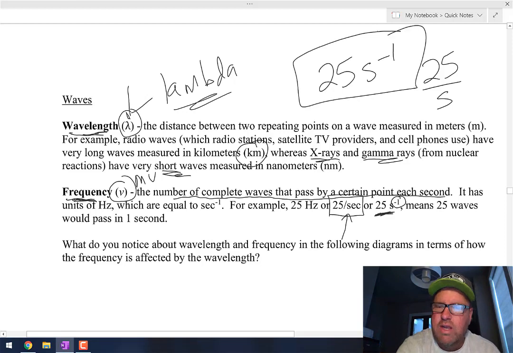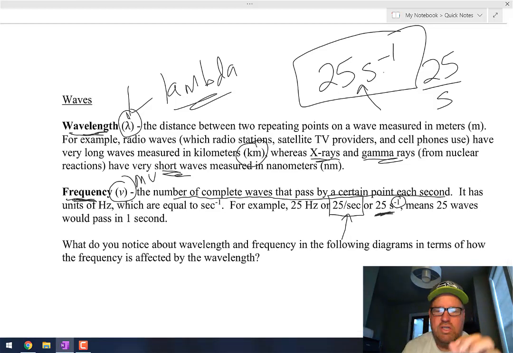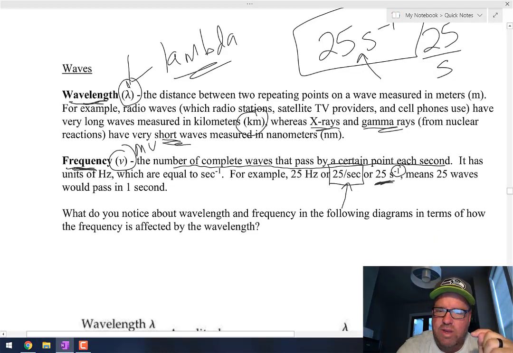Many times you will see it written like that. So if you have 25 per second, that means that 25 waves would pass by every second. Normally it's much, much bigger than that because they're traveling at the speed of light.